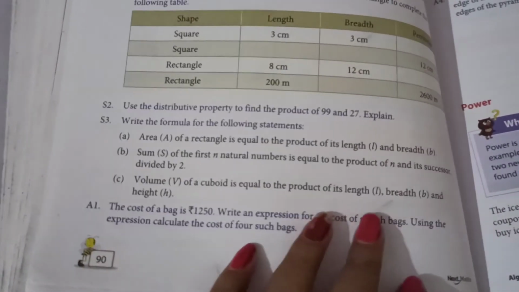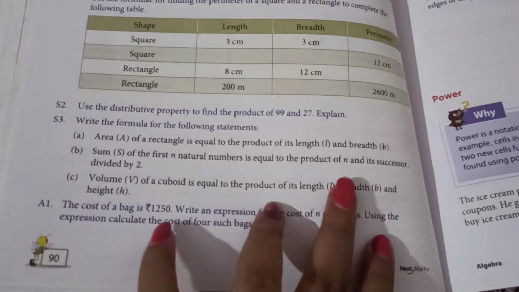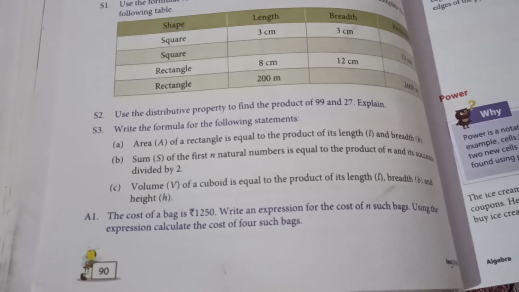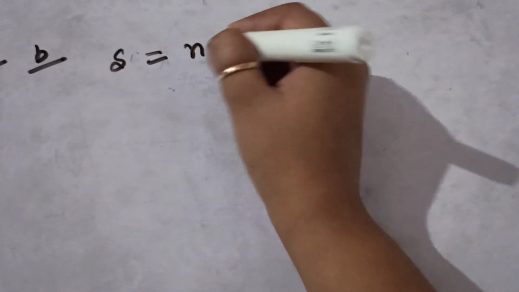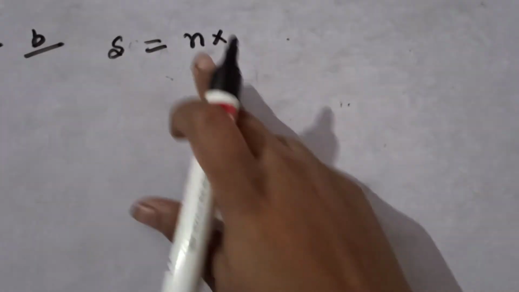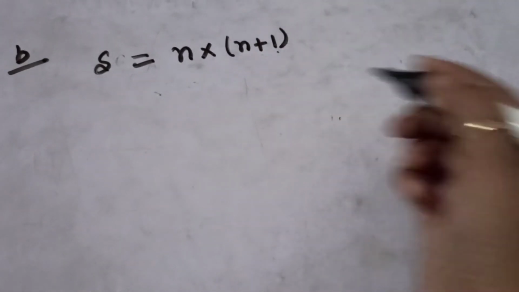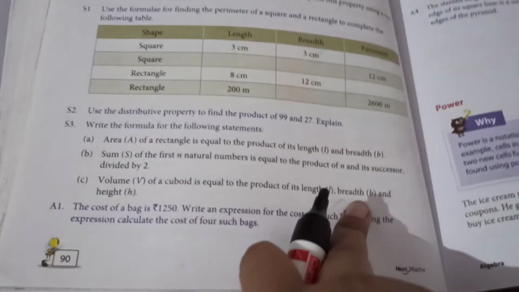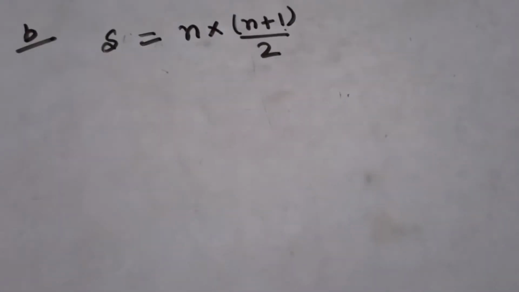After that, is equal to the product of n and its successor. So first line means sum equals n multiply with its successor. Successor means plus 1, so n plus 1. Right? Its successor divided by 2. So it means the successor will be divided by 2.